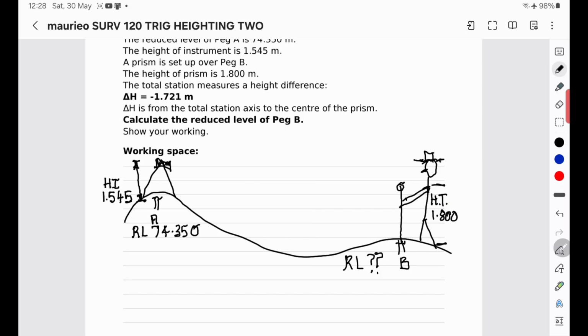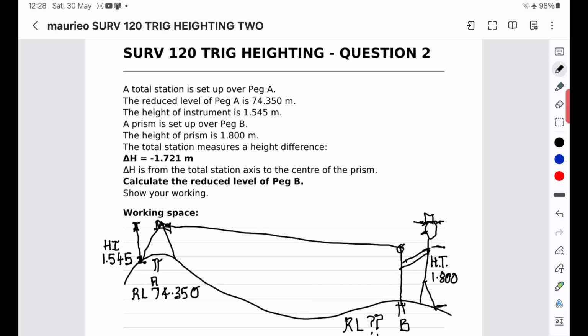Right, now we've got our line of sight through there like that, and we haven't got a horizontal distance at all.